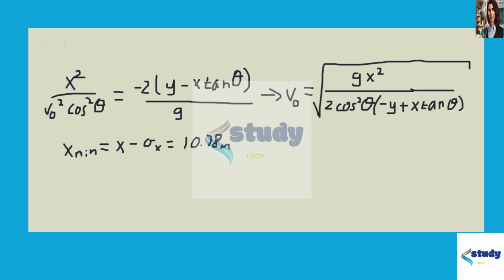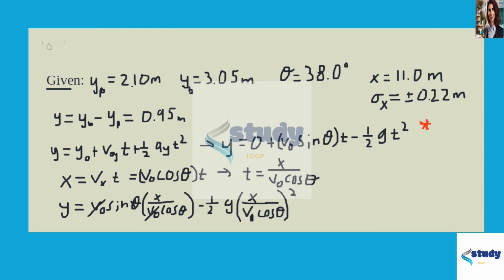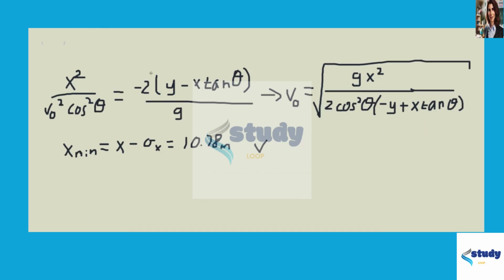So then to solve for the minimum value of V naught at this x value, we would just plug in 10.78 meters into the x squared part of V naught in the equation above, and then everything else, as well as the x part next to the tangent theta, then everything else we were already given on the previous page. Theta is 38 degrees. We have g is 9.8 meters per second squared.